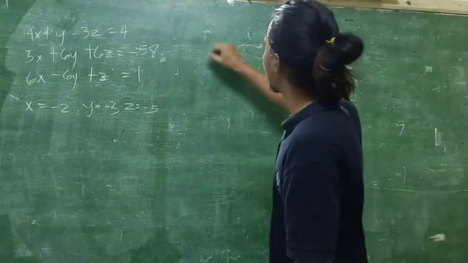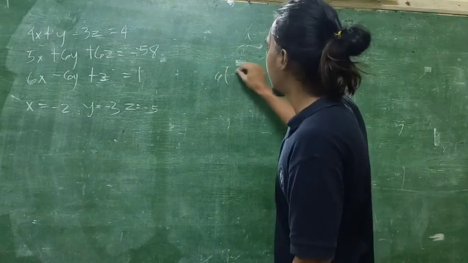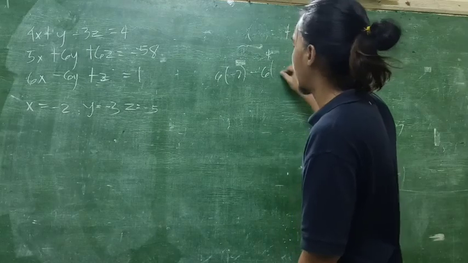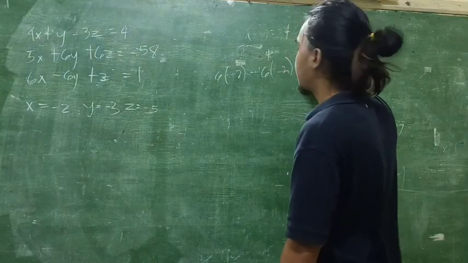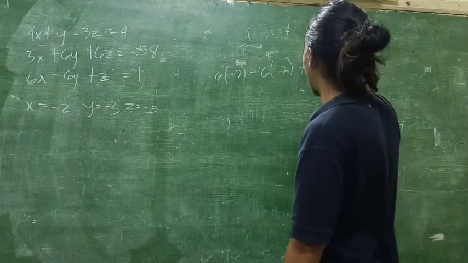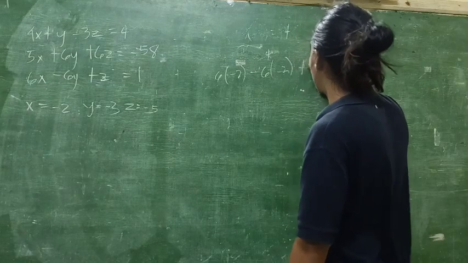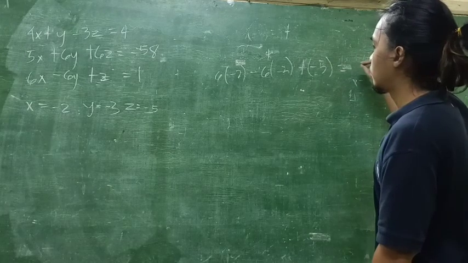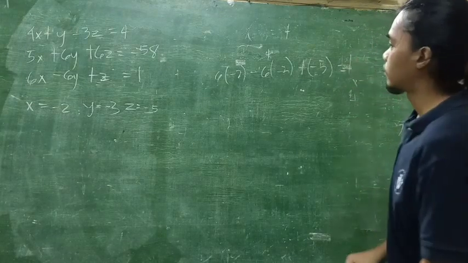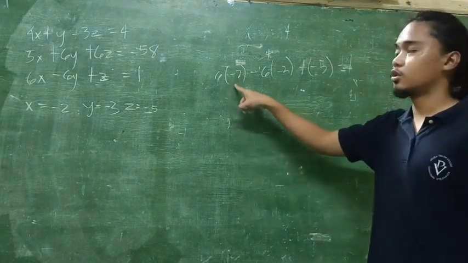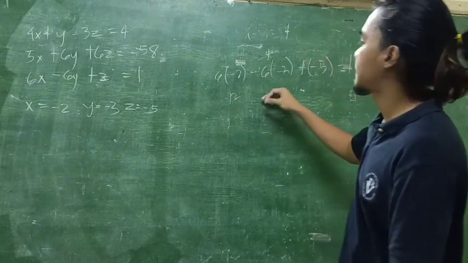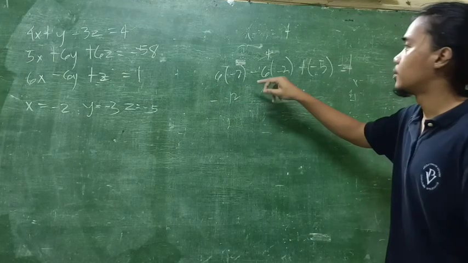So 6 times negative 2 minus 6 times negative 3 plus 5 times negative 5 equals 1. So negative 2 times 6 is negative 12, sorry.